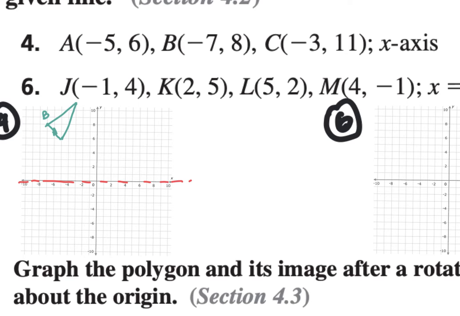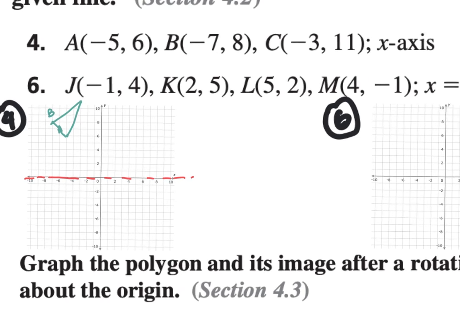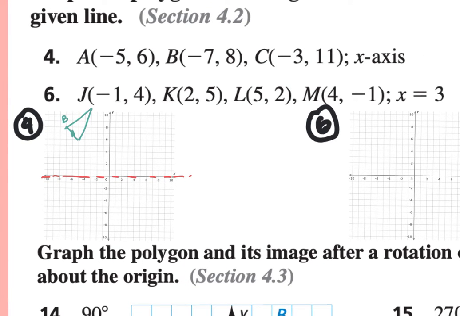So I want to count the distance up and then reflect that point down. So it's going in the other direction. So I would get -5, -6. I would get -7, -8. And I would get -3, -11.